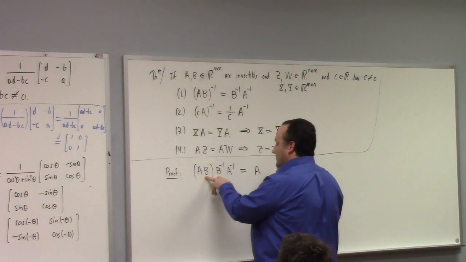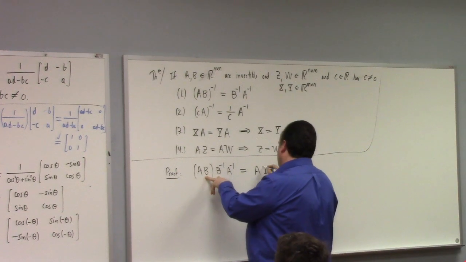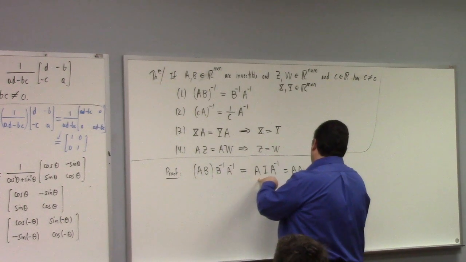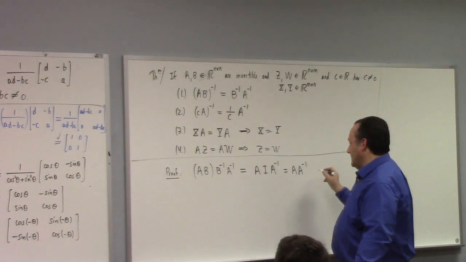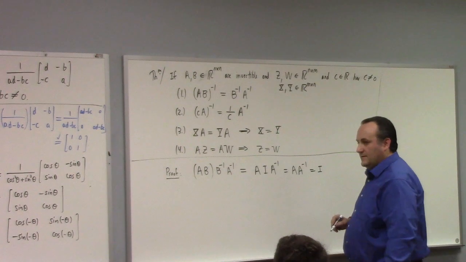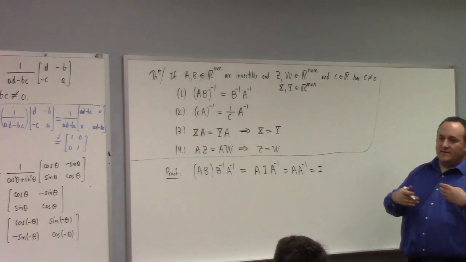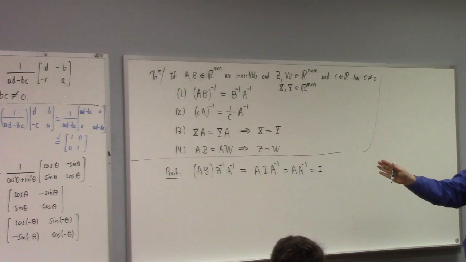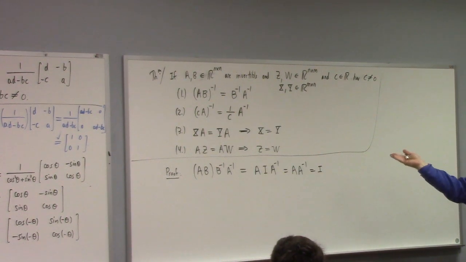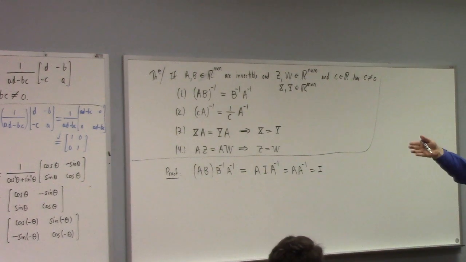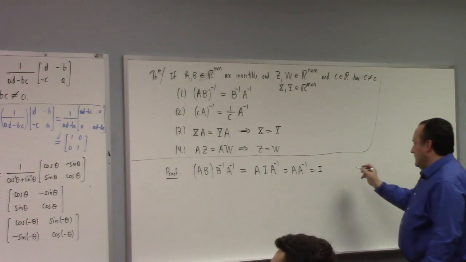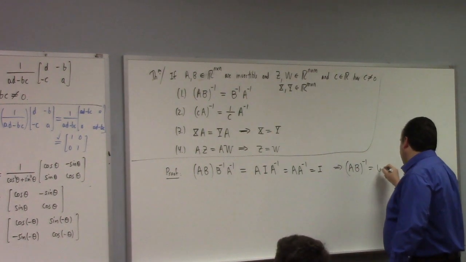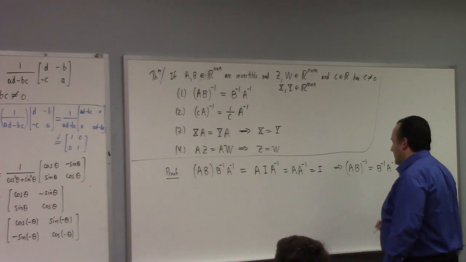B times B inverse is I, but then I times A is A again, so I get A times A inverse, which is equal to I. So the matrix B inverse A inverse, when I multiply on the right of AB, gives I. Therefore, by the third corollary I stated on the left board, this proves that (AB) inverse is indeed B inverse A inverse. Yay!